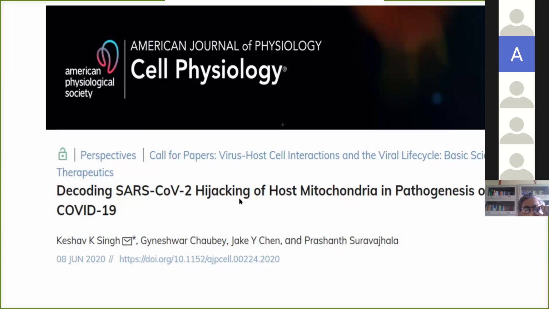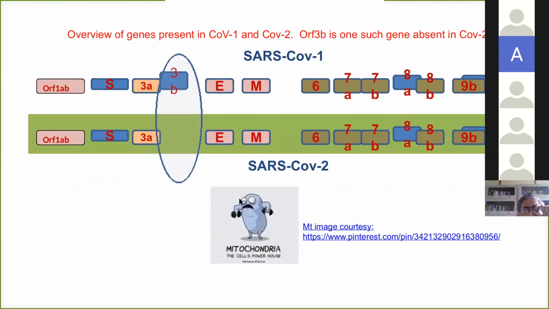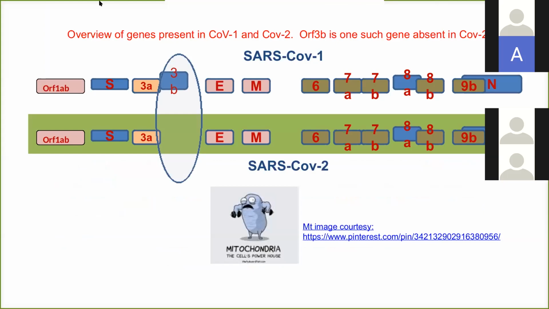Yeah, sorry. So, what we asked was, we took the entire SARS-CoV-1 and SARS-CoV-2 sequences. We asked, ORF3b is present in SARS-CoV-1 and absent in SARS-CoV-2. ORF3b is a protein that targets the host cells and probably the mitochondrial sequences. When SARS-CoV-2 infection takes place, it enters the host.